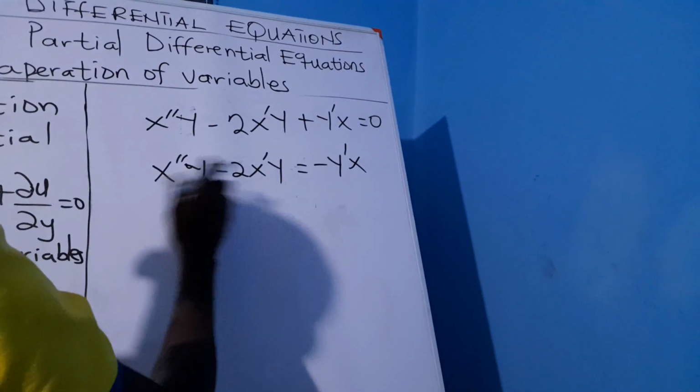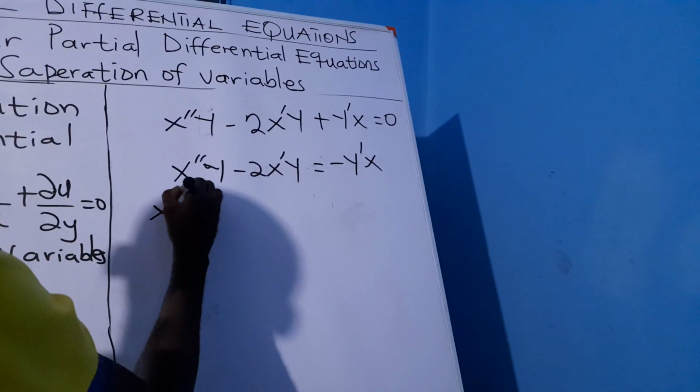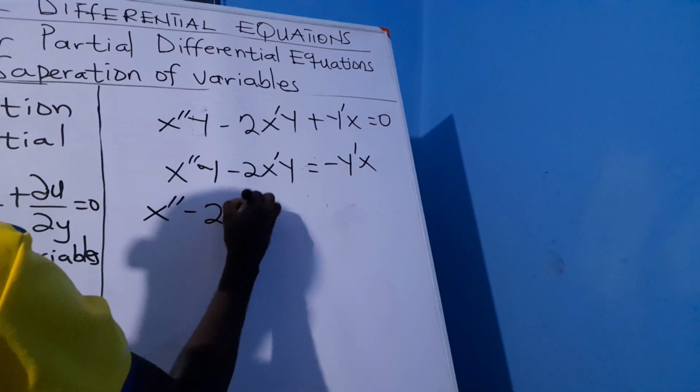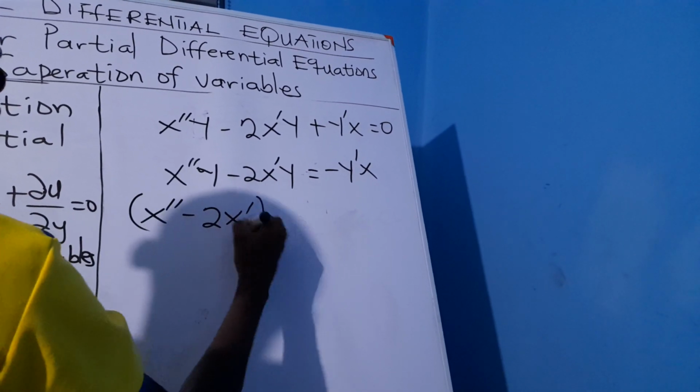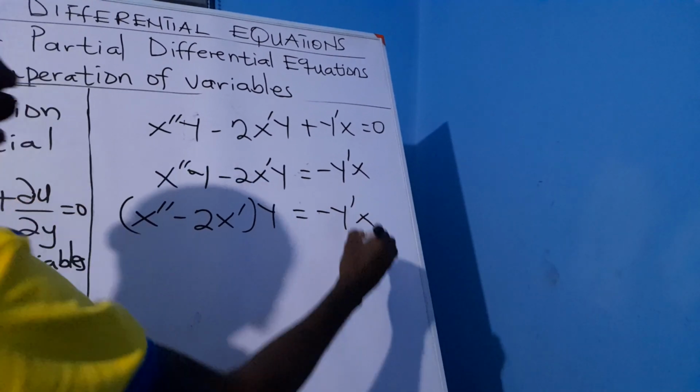We can bring the y out since it is common. So we have x prime prime minus 2x prime times y equal to negative y prime x.